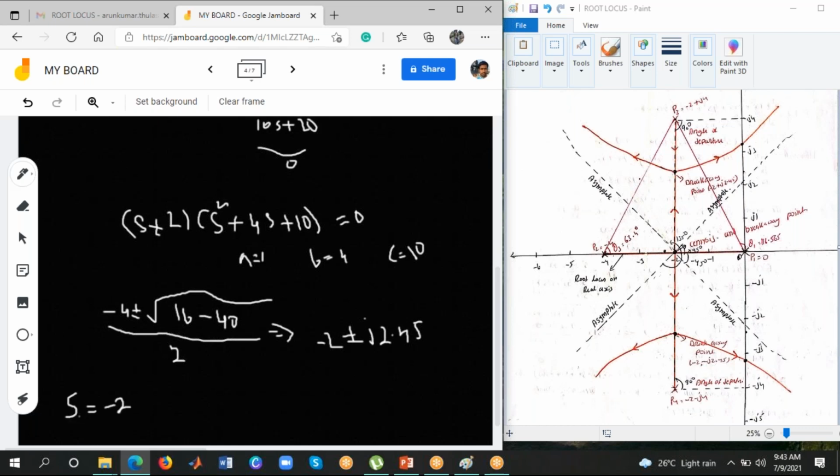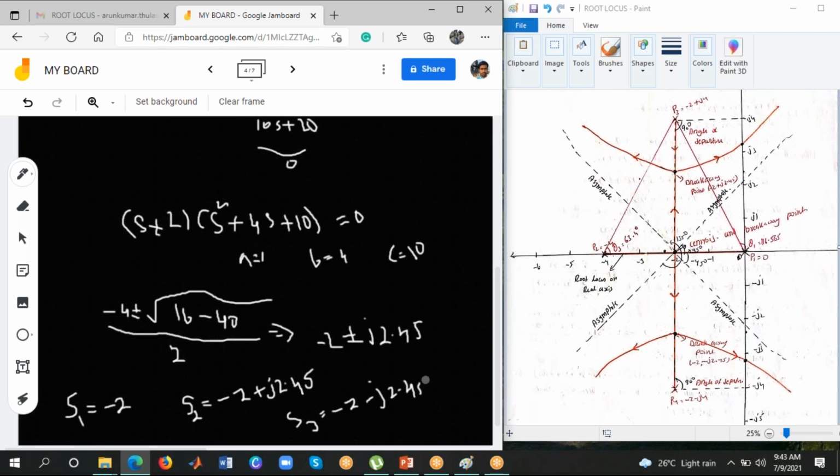So this is s1, and s2 equals to minus 2 plus j 2.45, and s3 equals to minus 2 minus j 2.45.